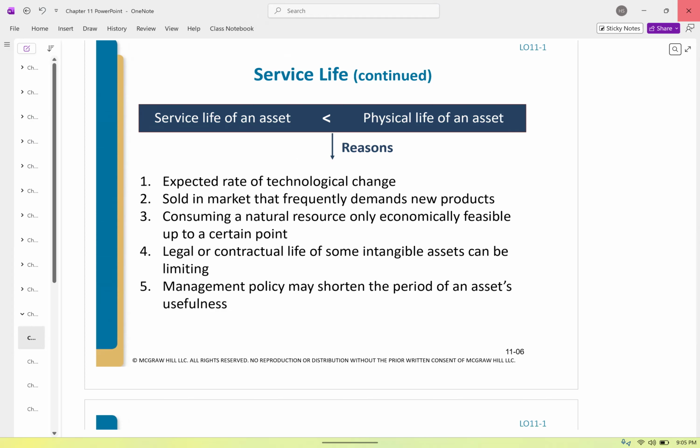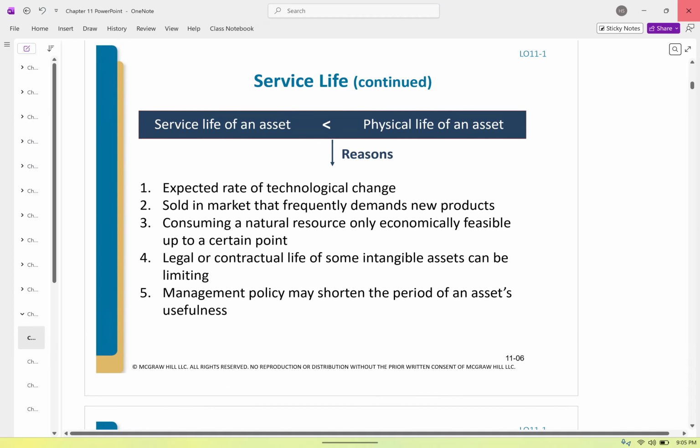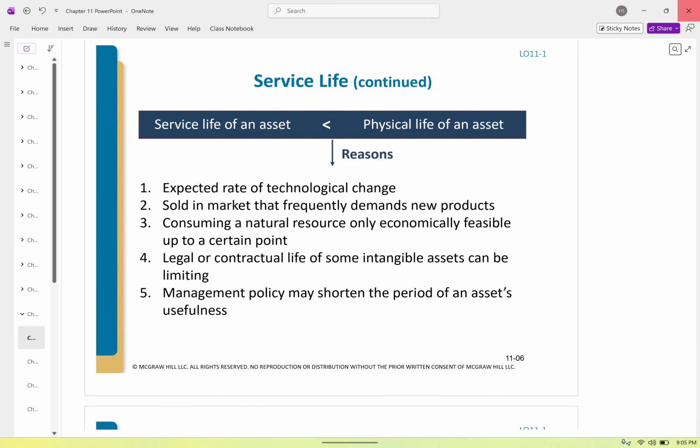Okay. There could be a legal or contractual limit on an intangible asset. We may only have 5 years to use a patent or 10 years on a franchise, something like that. Okay. Management's policy may shorten the period of an asset's usefulness as well. Management might be more inclined, depending on their motivation, to make net income go up or down.